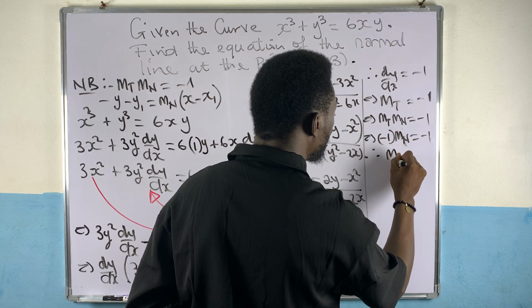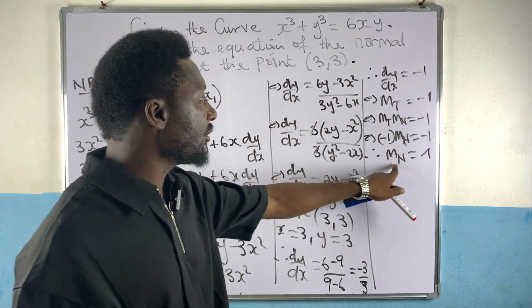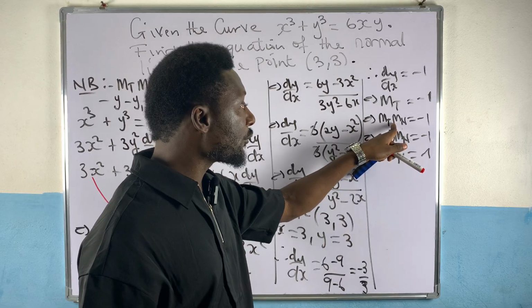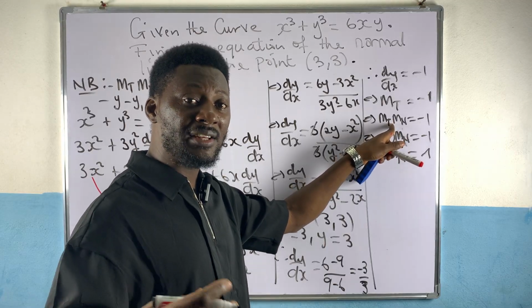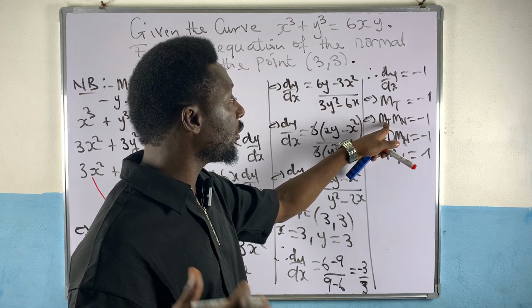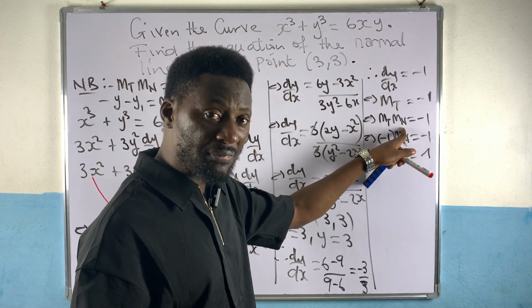Therefore, my gradient of the normal will just be 1. Since I already have my gradient of the normal, as you can see, the gradient of the normal is obtained from the gradient of the tangent. That's why I said in the beginning of the video that you must first obtain the gradient of the tangent, which will permit you to obtain the gradient of the normal.